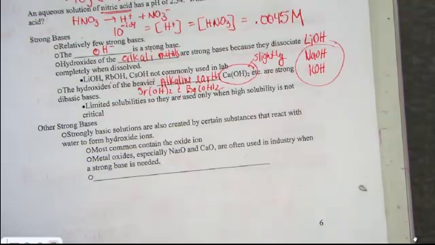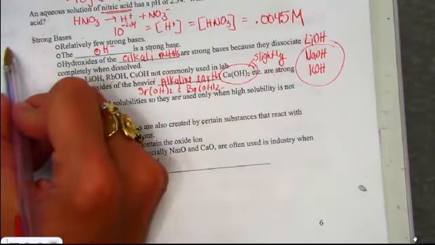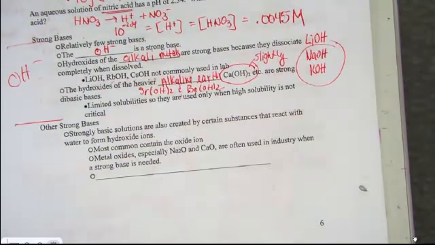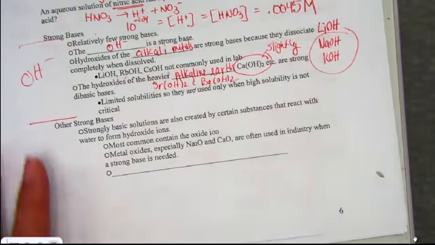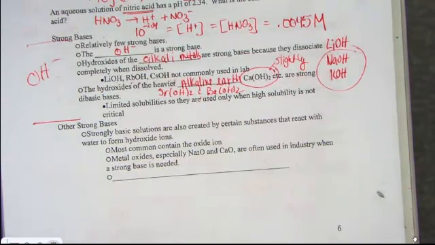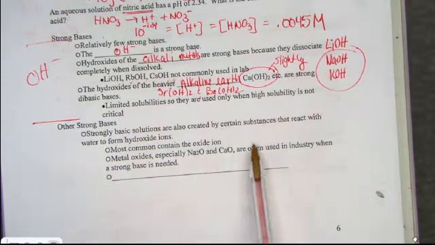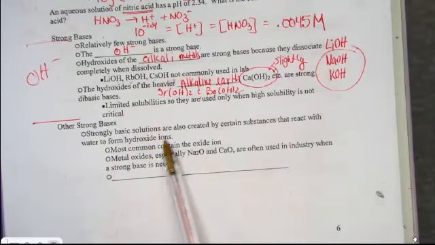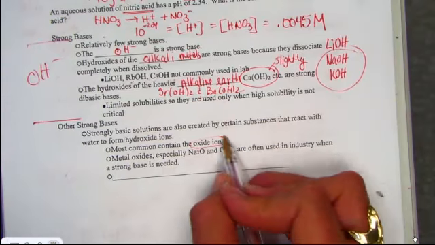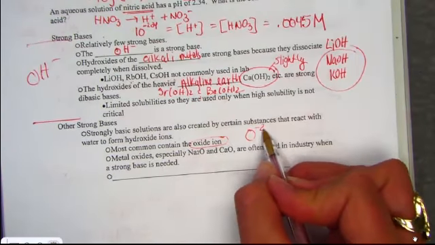Alrighty. Now, those are the guys who end with OH negative as their last name, and that just goes by solubility rules. There are some other guys that act as strong bases as well. Let's take a look at some other examples. It says strongly basic solutions can be created with hydroxide ions, and most commonly we use an oxide to do so.